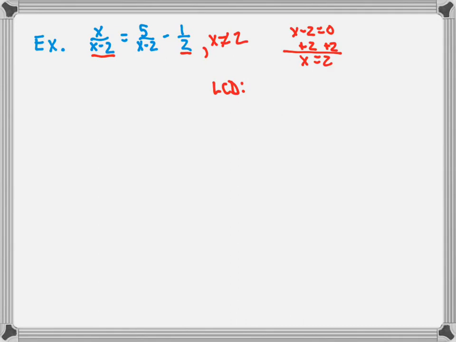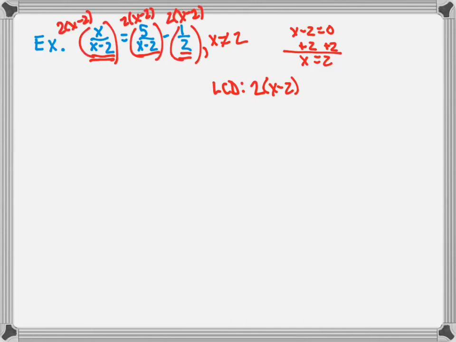Let's develop our LCD. So we need to have an x minus 2 as a factor. We see another x minus 2, but we don't need to put another one, so we only need to have one in our LCD, and we need to have a 2. So our LCD is 2 times the quantity x minus 2. Let's multiply all three terms by this LCD.